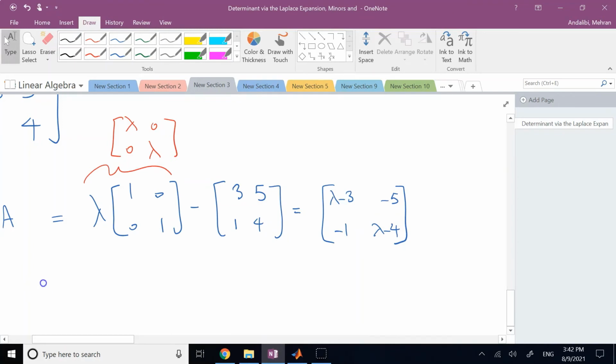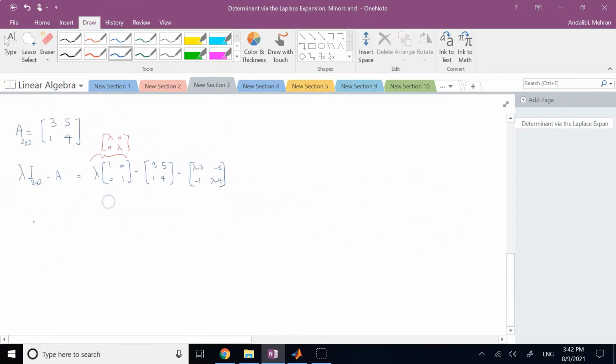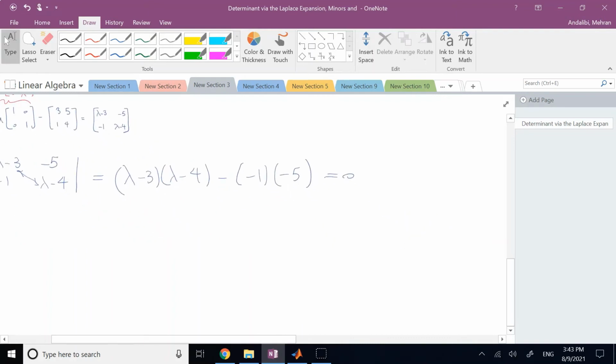2,2. So now when I say what's the characteristic polynomial p(lambda) of A, that means setting the determinant of that matrix to what? To 0. And since this is a 2 by 2 matrix, it's going to be the product of the diagonals, which is (lambda minus 3) times (lambda minus 4), then minus the product of the anti-diagonals, which is negative 1 and negative 5, and set that equal to what? 0.